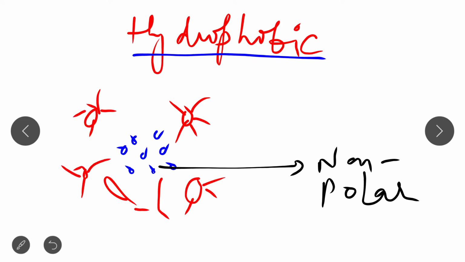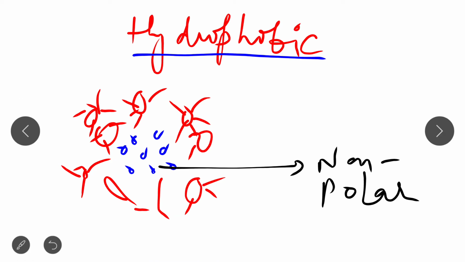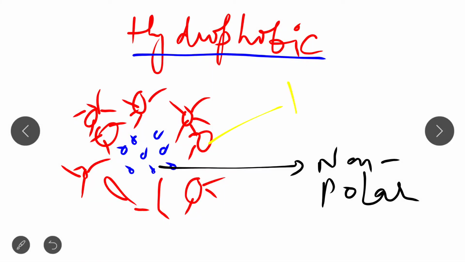When we put these molecules around the water surface, that is inside the hydrophilic layer, this is a hydrophilic part. So inside this hydrophilic part, these non-polar molecules are present. Clear? Now what will these non-polar molecules try to do?